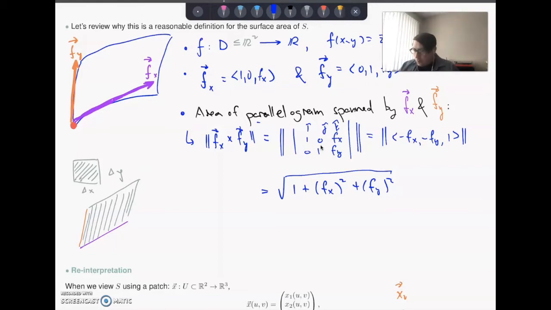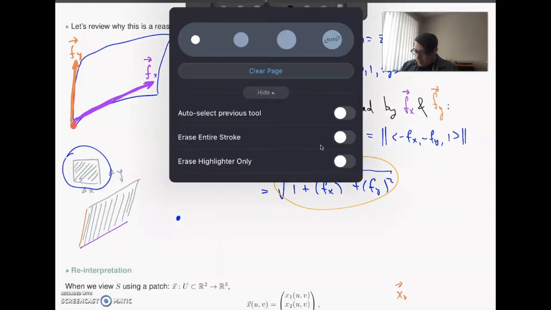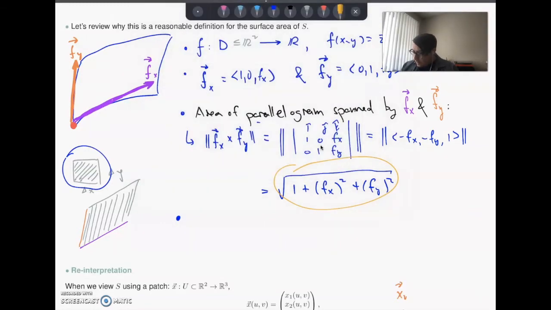Okay, so one more thing to do here. How does the area dx times dy change? Well, it's going to change by this factor. So how do I write that? We write the area on the surface, and let's not be too rigorous.